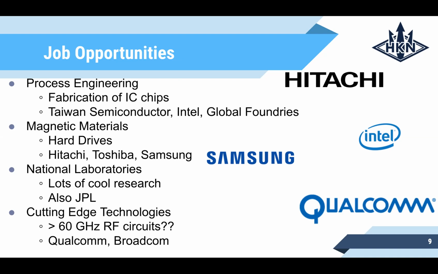And we also have a lab, an institution on campus called CMRR. It used to stand for Center for Magnetic Recording and something else, but now it's the Center for Memory Recording and Research. In addition, you also have the companies like Hitachi, Toshiba, and Samsung that work in magnetic materials and hard drives.